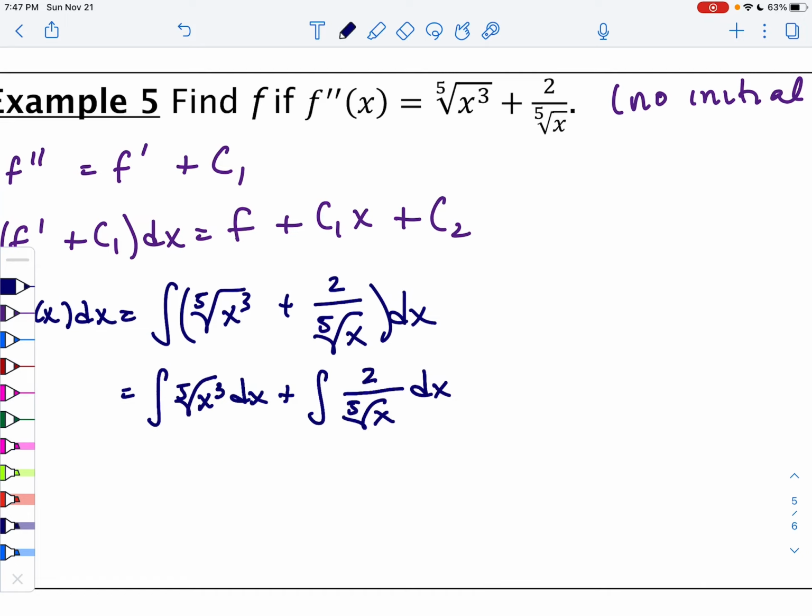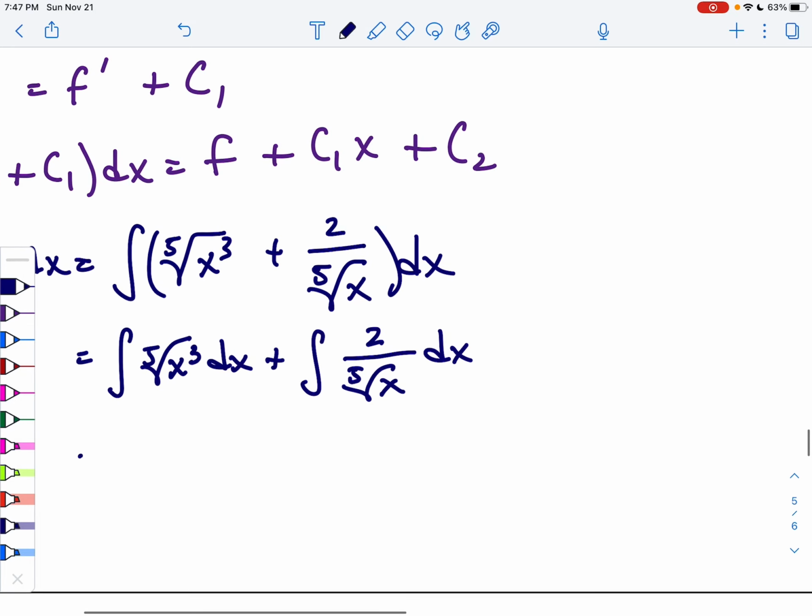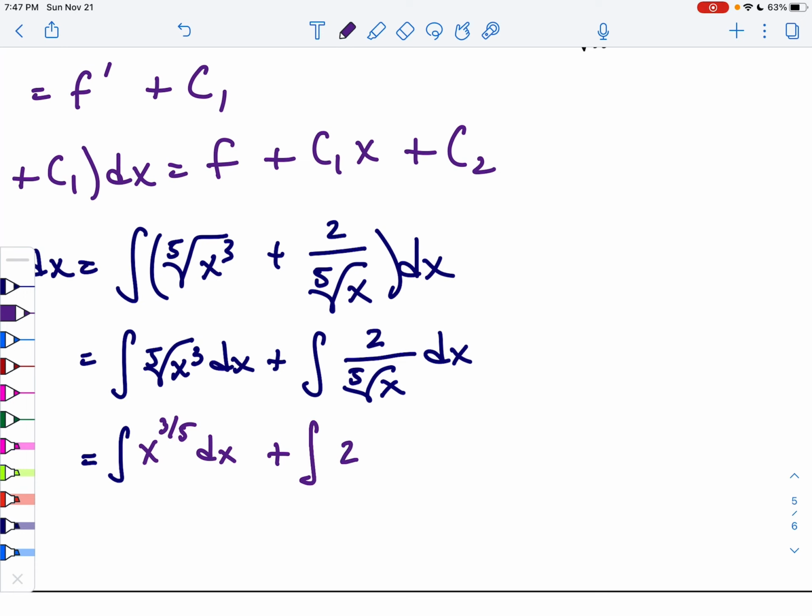I am now going to change them into exponential form so I can use the power rule. And I see that whatever our index is, is our denominator. So this is going to be x to the 3/5 dx. We have a negative exponent, so this is going to be 2 times x to the minus 1/5 dx.